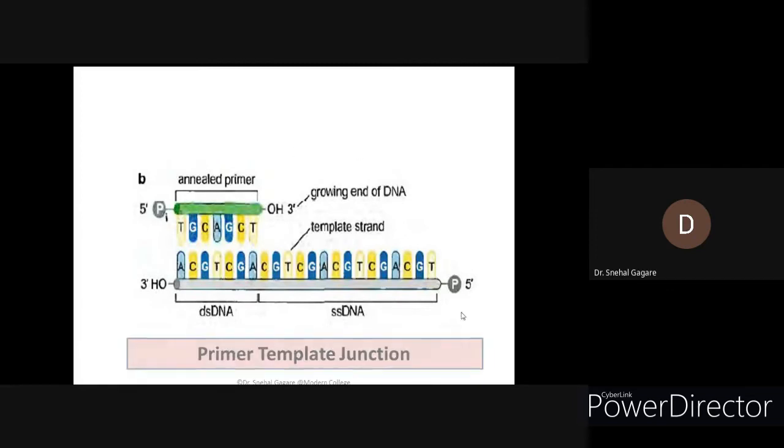This is a primer template junction. The template is exactly complementary to the growing strand. The primer is helping in carrying out the synthesis because DNA polymerase cannot start the synthesis on its own. DNA polymerase is the enzyme which does the replication, but it requires a primer.